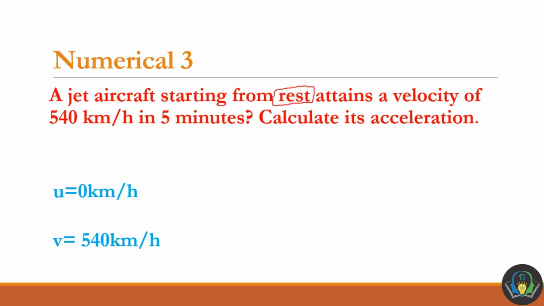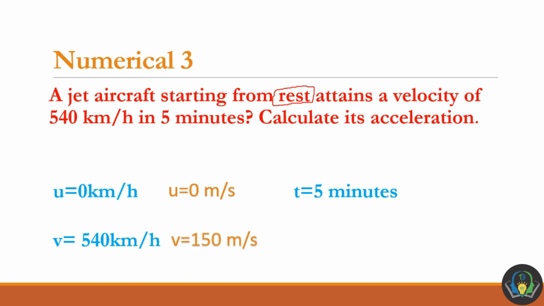Proceeding further, time is given as 5 minutes. Now 5 minutes is again not given in its standard unit, so we will be converting it into the standard units. First of all, u equals 0 meter per second.